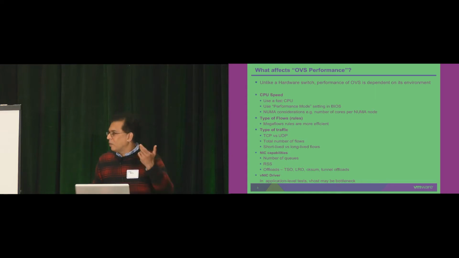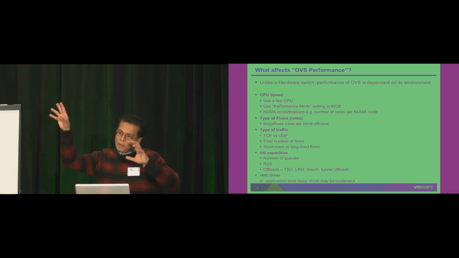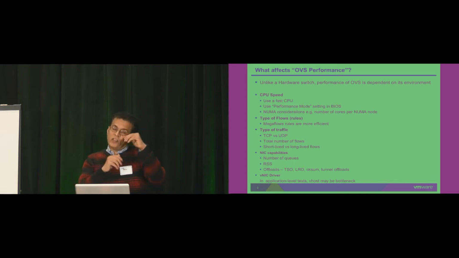Then things like the number of queues and whether RSS is supported, the various hardware offloads that the NIC supports for both native traffic and for the various tunnel traffics. And if you're doing application level performance, then the interface between the virtual machine, the vNIC, and OVS can be the dominant factor, more so than the virtual switch itself.